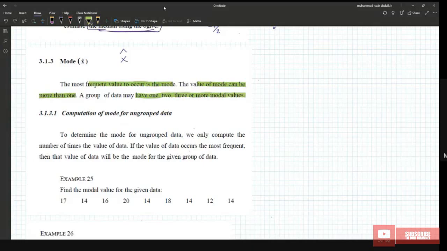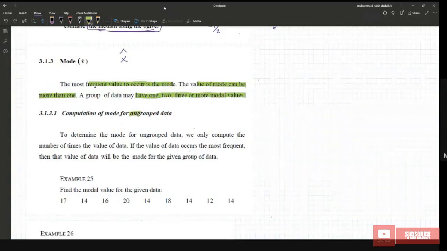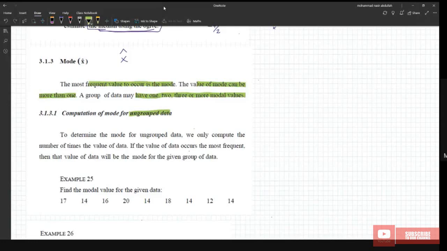Same as before, we will calculate mode for ungrouped data and grouped data. Calculating mode for ungrouped data is very easy actually. We need to count how many times each value occurs. The value that occurs most frequently is the mode, right?